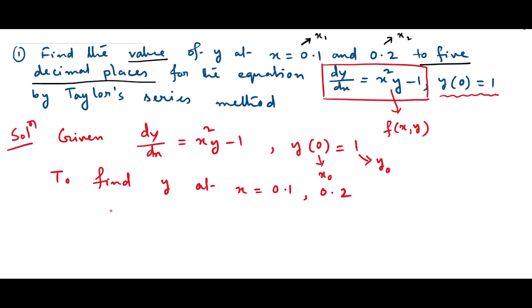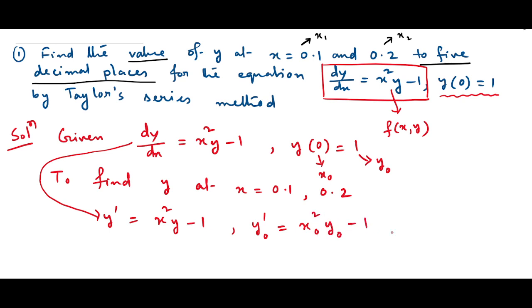This dy by dx we can write as y dash. I am talking about this: dy by dx can also be written as y dash, then x square y minus 1. Now if we put the initial values, x equals x naught and y equals y naught, it will become y naught dash, and the right hand side is x naught square y naught minus 1.